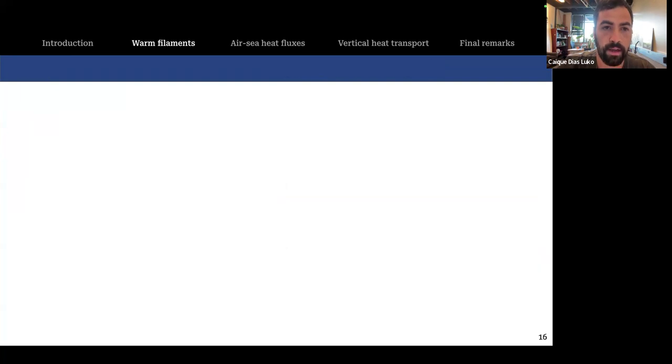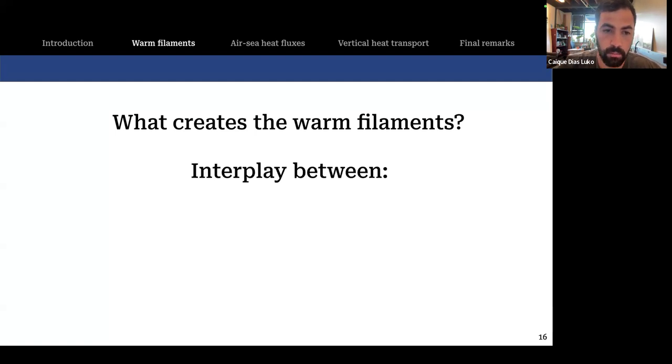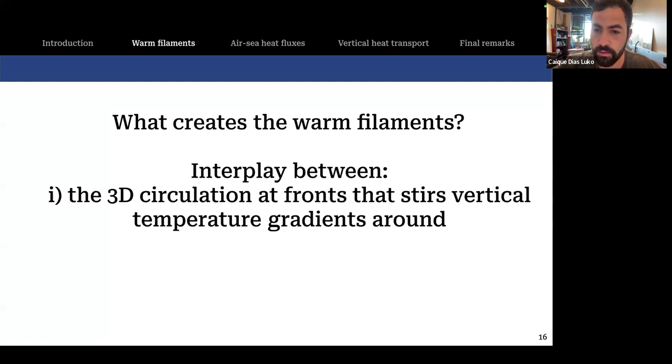Okay, now how do the filaments actually get created? How are they formed? We're going to argue here that because we're in a salinity stratified region, temperature acts more like a passive tracer. And because of that, we're going to have an interplay between the 3D circulation fronts that's going to steer the vertical temperature gradient around, and it's going to form filaments.